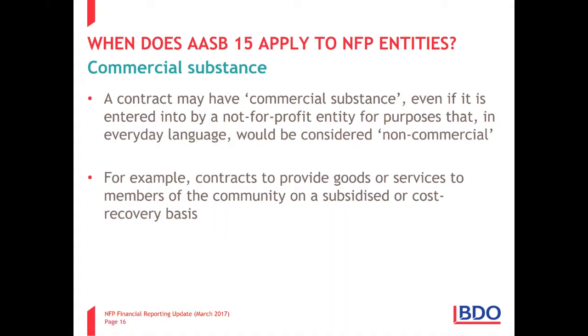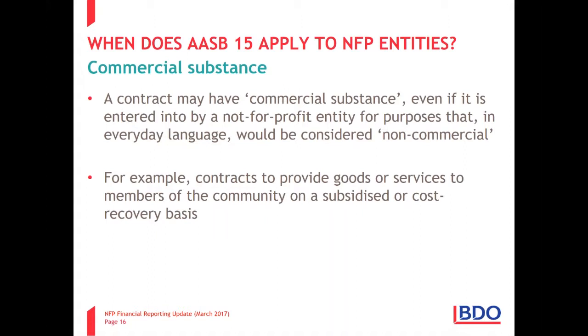Now, in the for-profit world, you only have a contract and you can only apply AASB 15 if the transaction has commercial substance. For example, contracts provide goods or services to members of the community on a subsidized basis, on a cost recovery basis, we might say, commercially for a not-for-profit entity, that doesn't make sense.